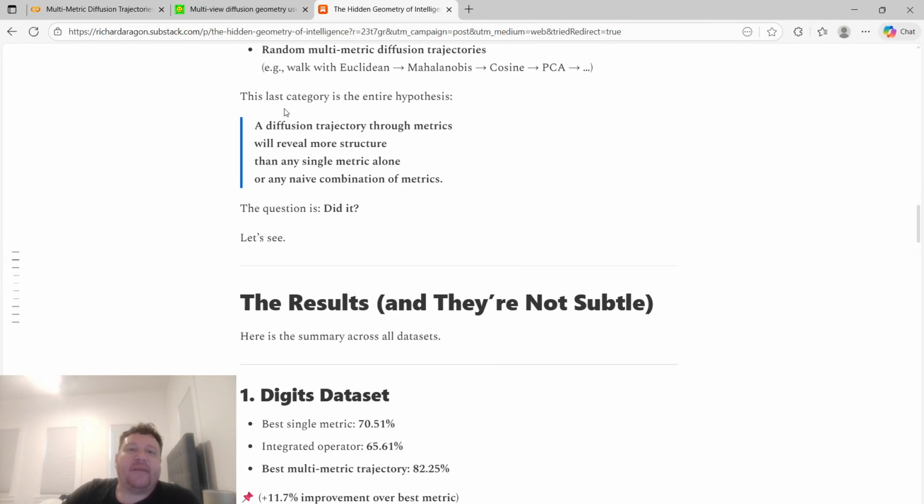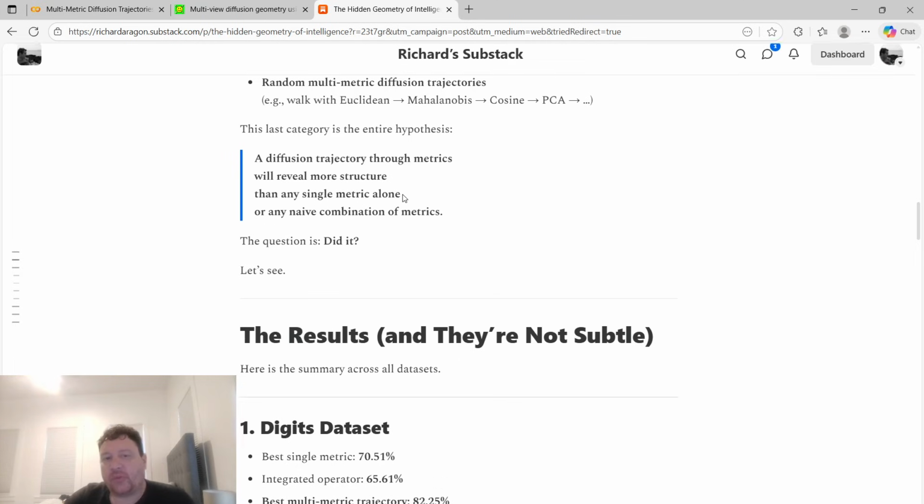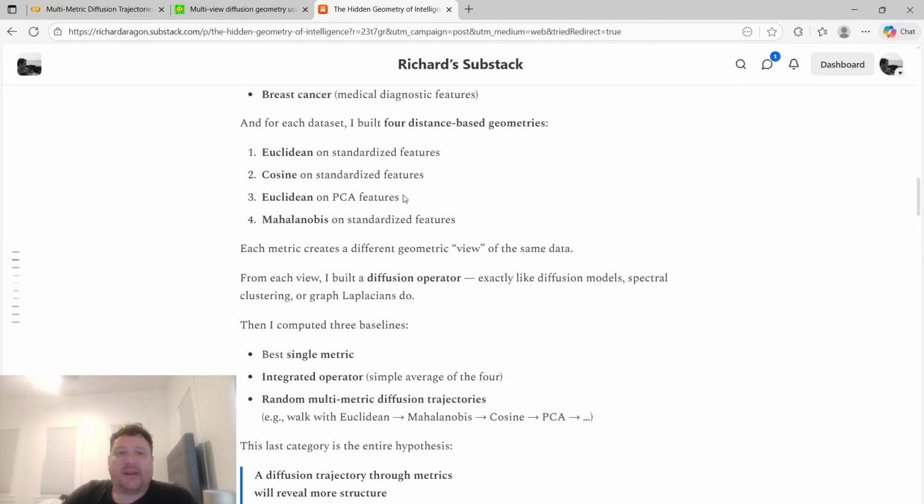This last category is the entire hypothesis: that a diffusion trajectory through metrics will reveal more structure than any single metric alone or any naive combination of metrics. And the question is, did it actually do that?